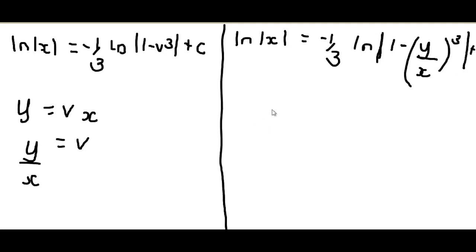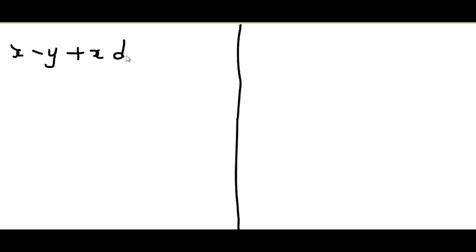Let's try another example. Find the general solution of (x minus y) plus x dy over dx equals 0.